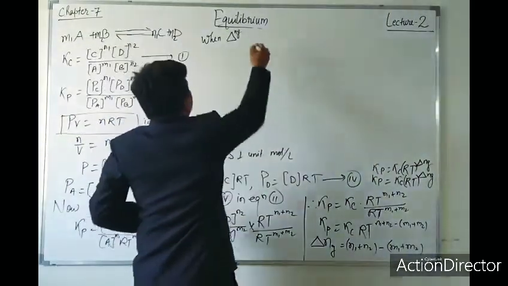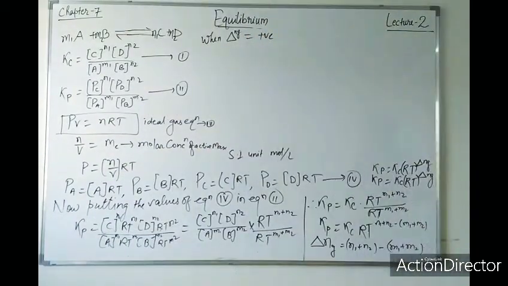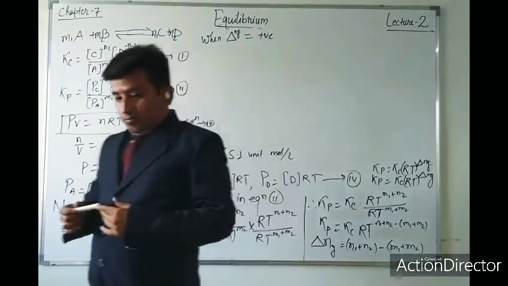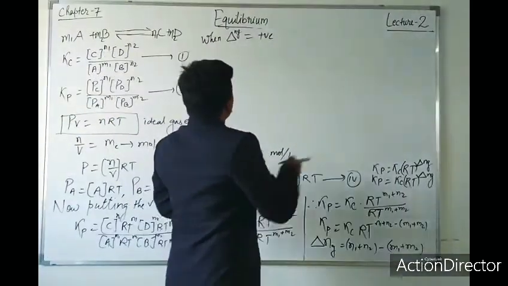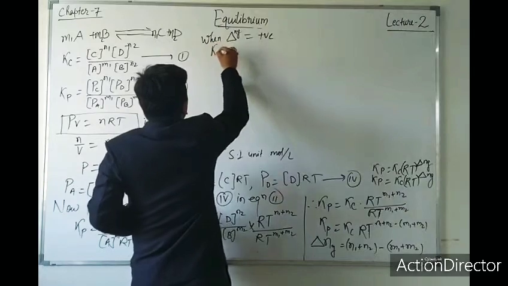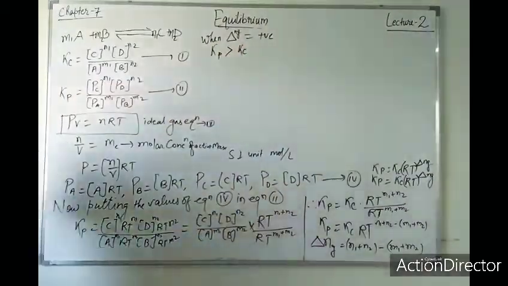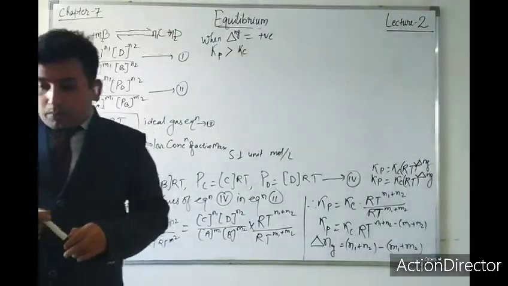Just suppose this value I have taken positive. Can you tell me what will be the value of Kp and Kc? Will Kp be greater than Kc or less than? Just tell me the value, nothing else. If delta Ng is positive, then Kp will be greater than Kc. Yes? Am I right? Because delta Ng value is positive.